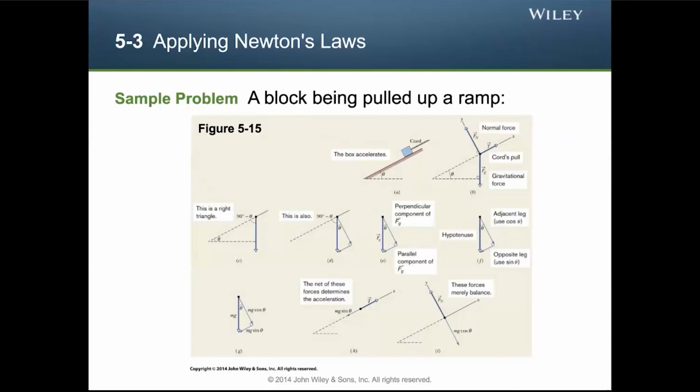And just like I stated before, the normal force is perpendicular to this surface. If I change the angle of this and make it like this, I have to adjust my normal force to that angle, right? So it's going to change depending on the angle of the plane.